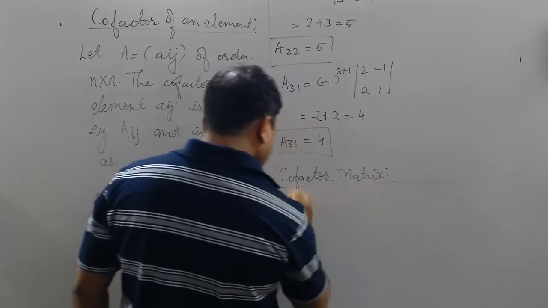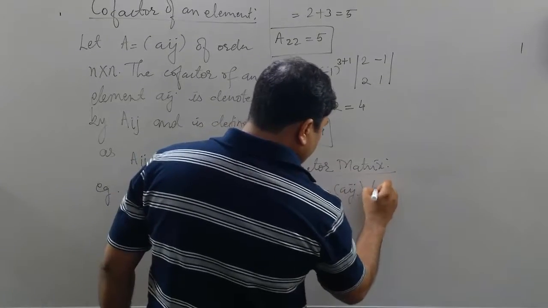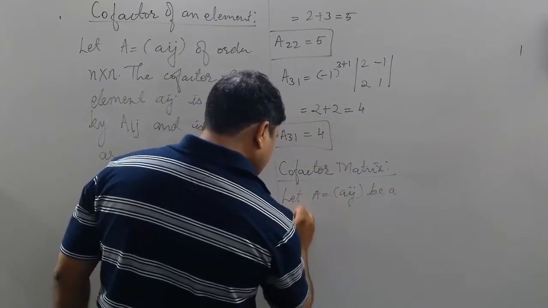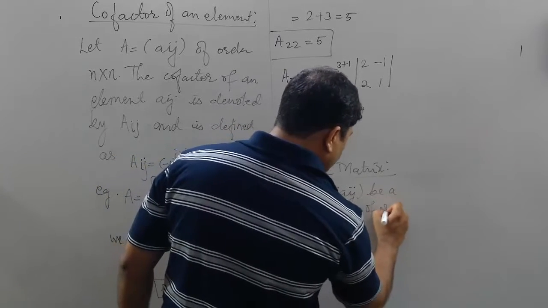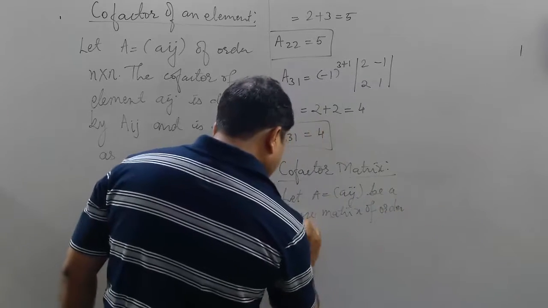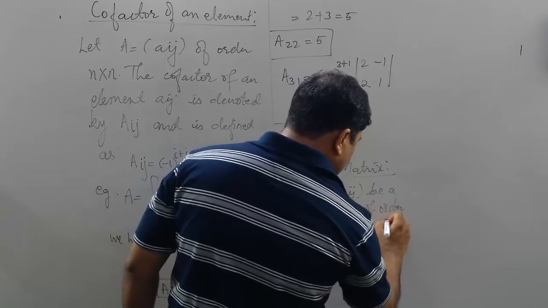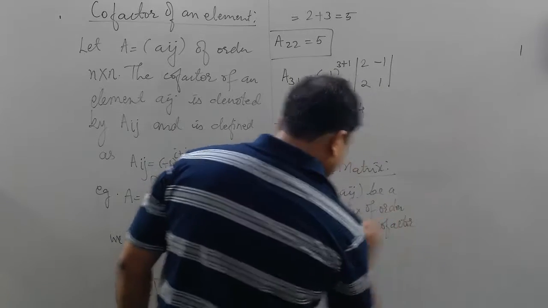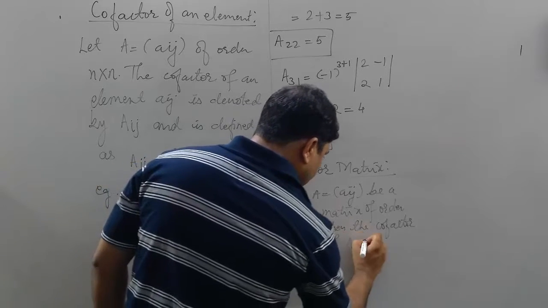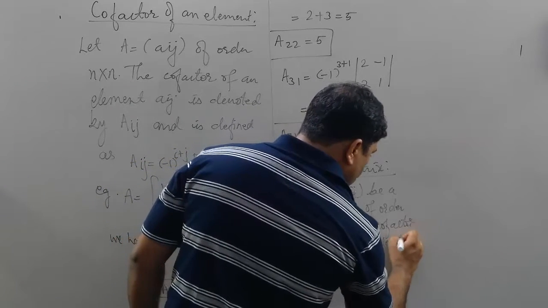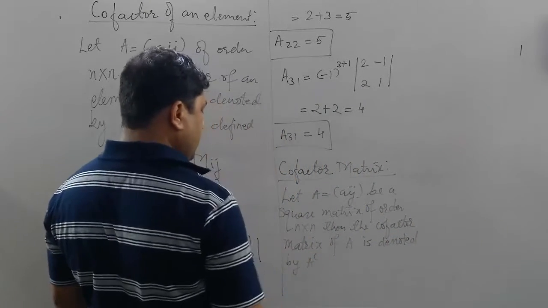Let A equal to Aij be a square matrix of order n cross n, then the cofactor matrix of A is denoted by A cofactor.